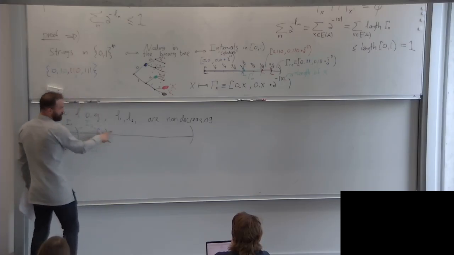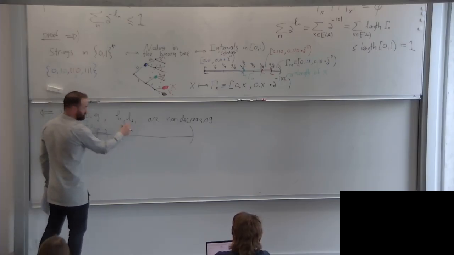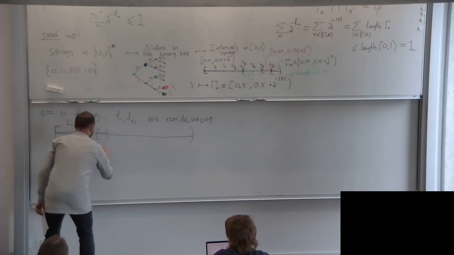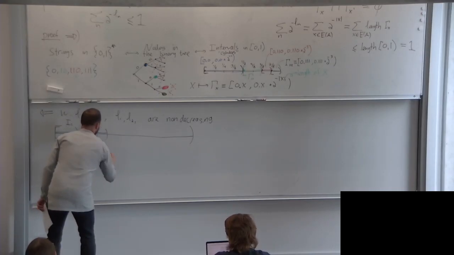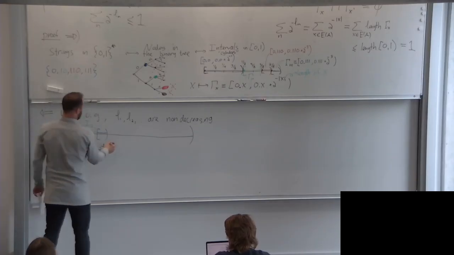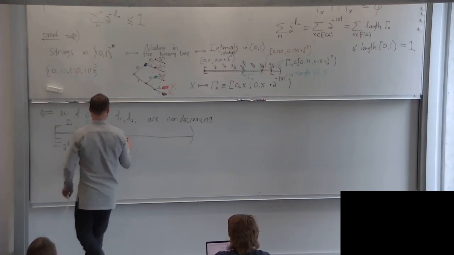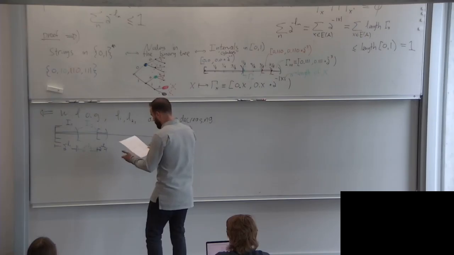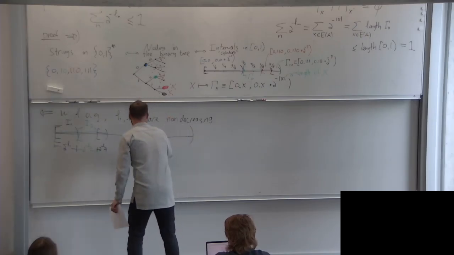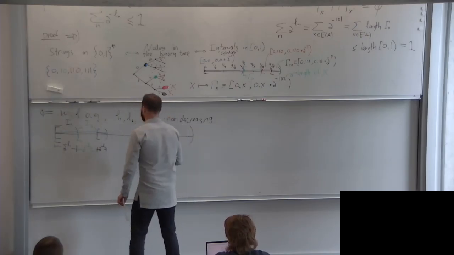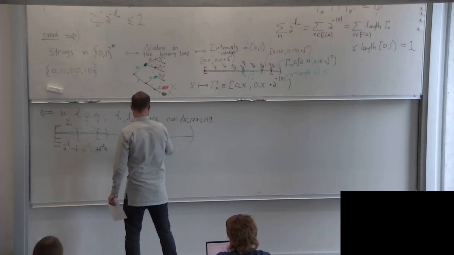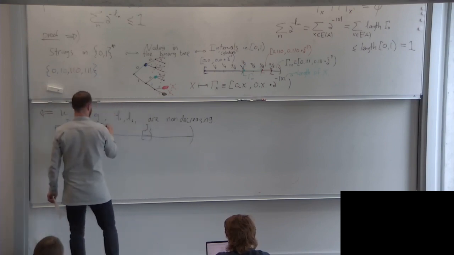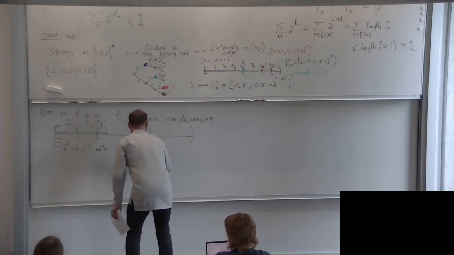So this interval being smaller would mean that L3 is a larger number, because that's 2 to the minus L3. And so on, until eventually I get to some generic Ij with length 2 to the minus Lj.